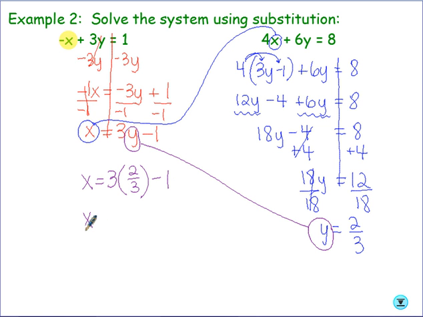You end up with x equals 1. Final answer must be written as a pair. X always comes first, so we put down 1. Y comes second, so we put down 2/3. Okay, we're going to try one more together because I want to make sure you really understand the 3-step process.